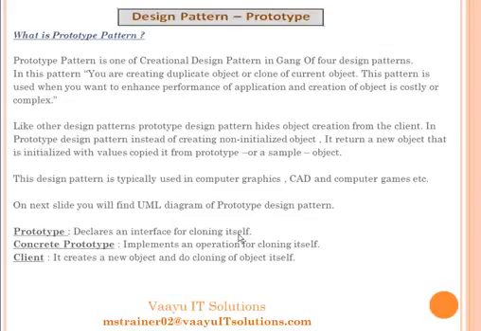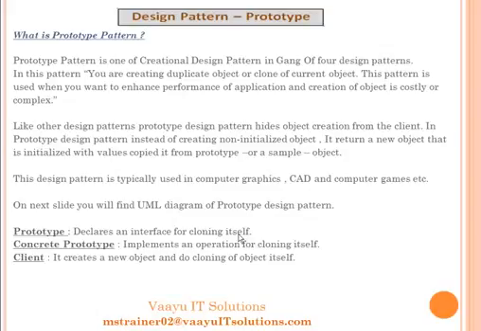So why are we using this prototype pattern? We are using this to return a new object that is initialized with values copied from the prototype. In the prototype pattern, we are not creating a non-initialized object; we are creating an initialized object, which copies the values from the sample object, your prototype.